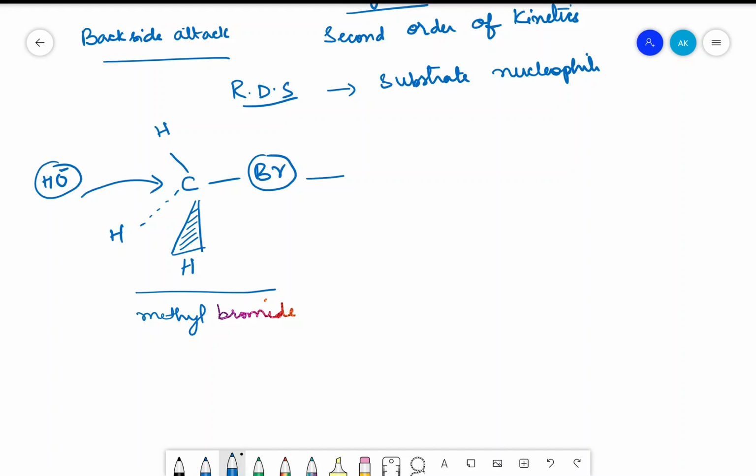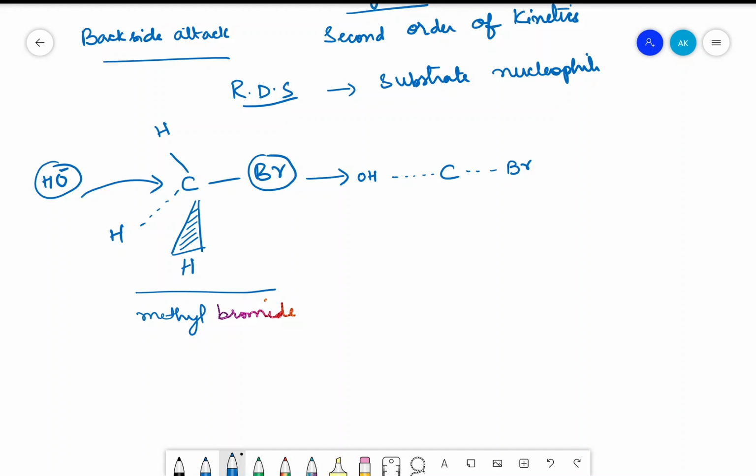The next transition state or next intermediate step after this is that the carbon will have both Br and OH represented in this way, where the carbon and Br bond is now breaking, which is represented by a broken line, and the carbon and OH bond is also forming, that is a new bond is formed between carbon and oxygen, but is not fully formed.